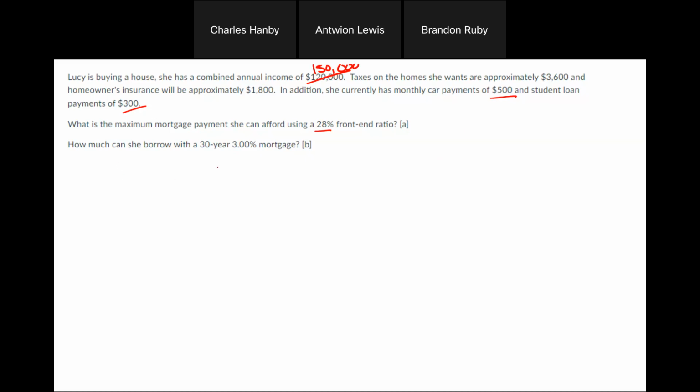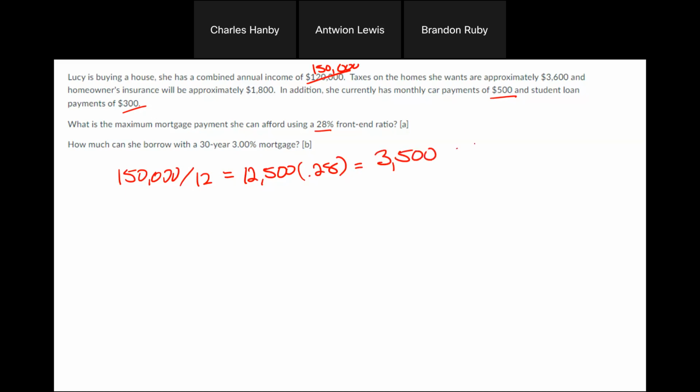So for part A, we take the 150,000 and divide it by 12. You can do the calculation on a gross basis, but it's easier to do on a monthly basis. So that's $12,500, times 0.28, the front end ratio. So we get $3,500.